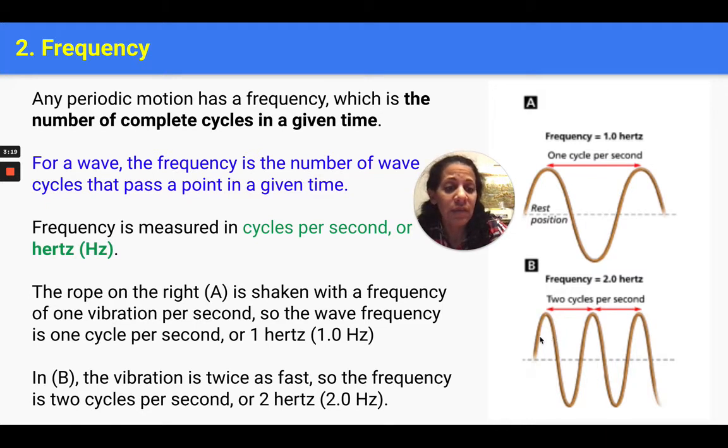If in 1 second there are 2 cycles, that means it's 2 per 1 second, so it's 2 hertz. Simple. It's just how many cycles per second, and the unit becomes hertz, represented as Hz.